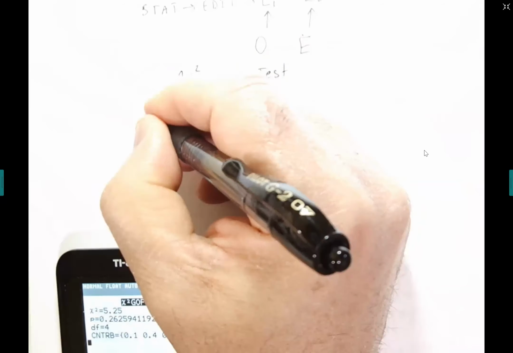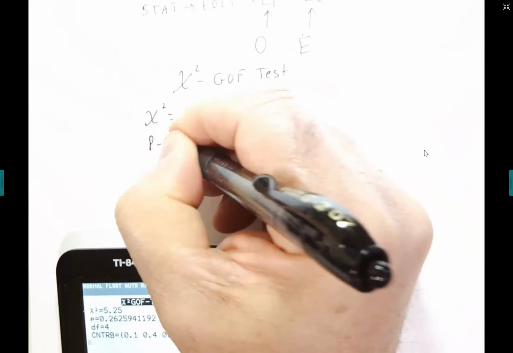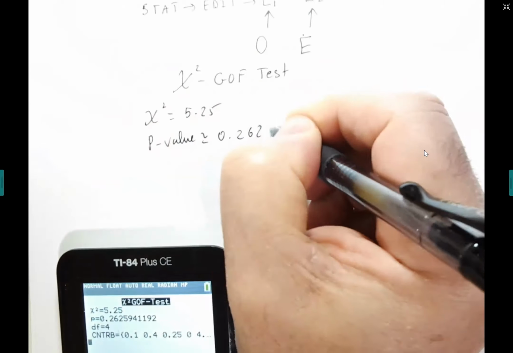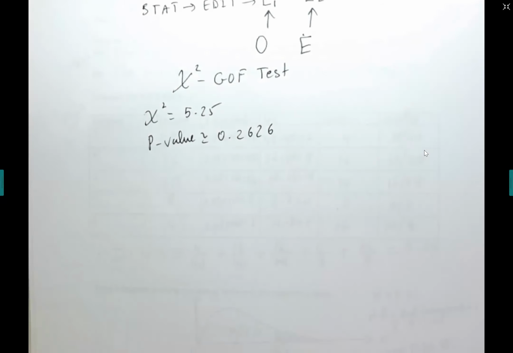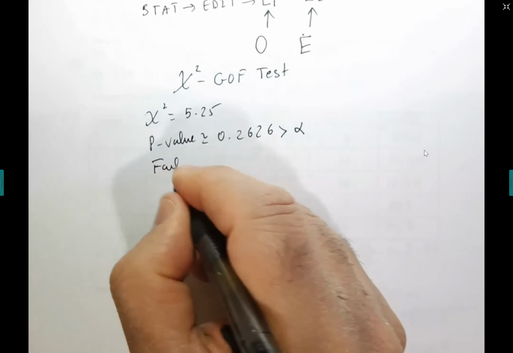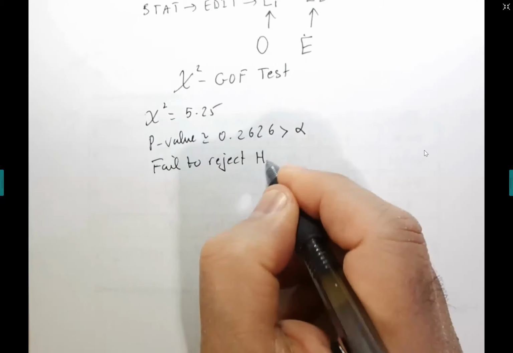And then chi-square is 5.25. And the p-value is 0.2626. All right, I'm done. More than alpha. Fail to reject H0.